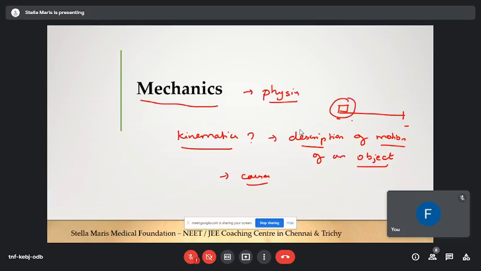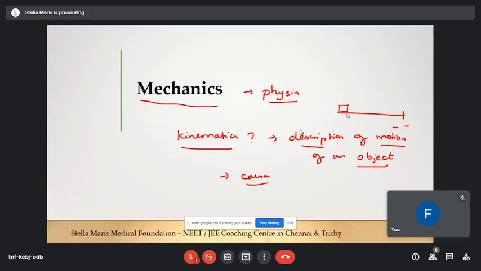So today we are going to see about motion in a straight line. Motion is something that we see in our day-to-day life, right? Whenever we go to the road, we see cars and vehicles moving, and even people moving. So motion is very familiar to us.